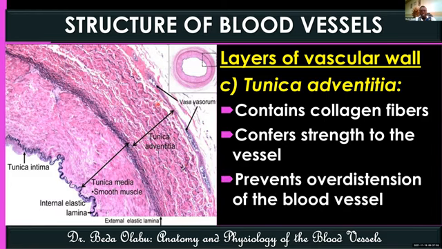The strength is required to prevent overdistension. In larger blood vessels, the tunica adventitia will contain some smaller blood vessels. The small blood vessels within the tunica adventitia of large blood vessels are known as vasa vasorum. So things like the aorta will have vasa vasorum. All right.